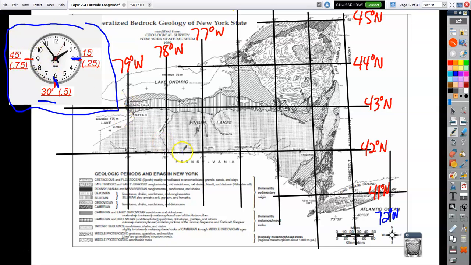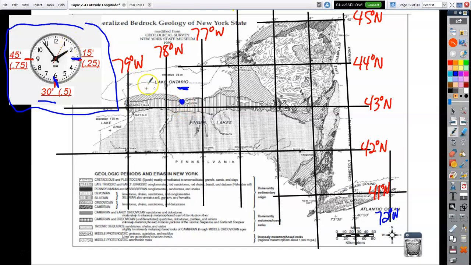I'm trying to think of one other one over here. Let's see. I could look at Rochester. Rochester sits right about here. Okay, I wouldn't say halfway. This little plus symbol is halfway between 43 and 44. So if I said, hey, what's the latitude of Rochester? I say, well, it's not quite 43. It's a little above it.